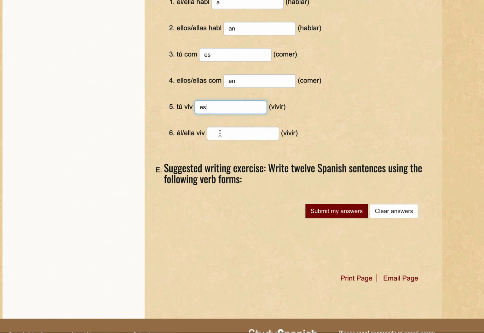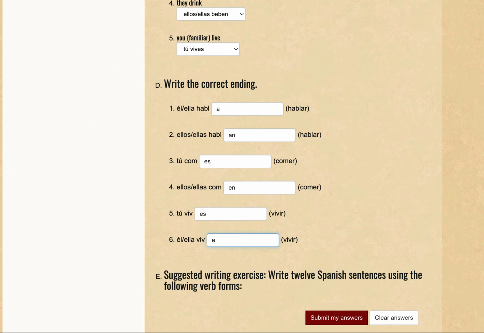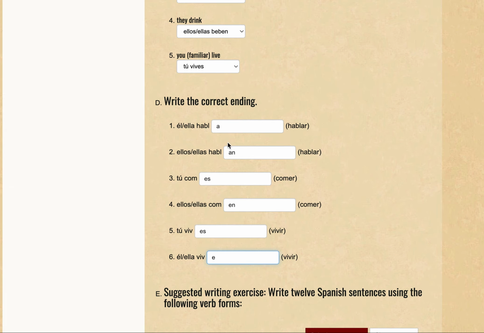So this is again a simpler form. It's either an A or E. Since it's an IR verb, we'll add an E. So it's él, ella vive. Él vive, ella vive. Right. So this also seems to be pretty good. Él, ella habla, ellos, ellas hablan.